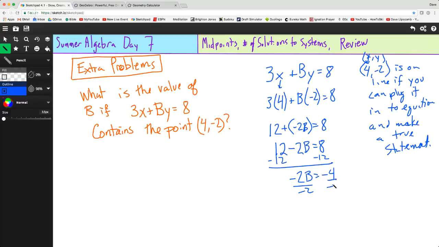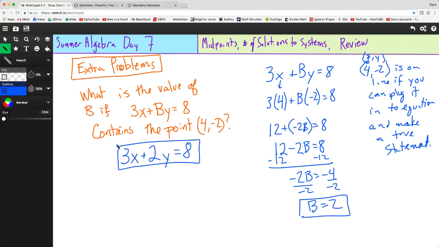Divide by negative 2. So b equals 2. And that's our answer. Let's just check it for fun. So the equation would be 3x plus 2y equals 8, our b is 2. That's our equation.